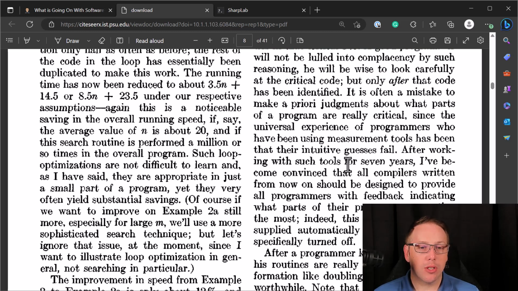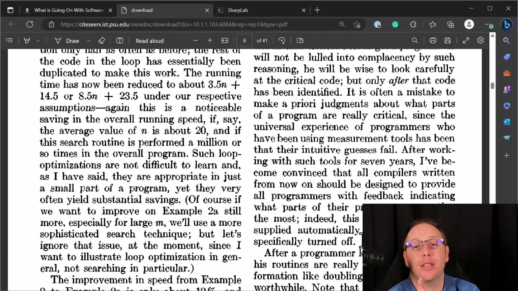After working with such tools for 7 years, I've become convinced that all compilers written from now on should be designed to provide all programmers with feedback, indicating what parts of their programs are costing the most. Indeed, this feedback should be supplied automatically unless it has been specifically turned off.